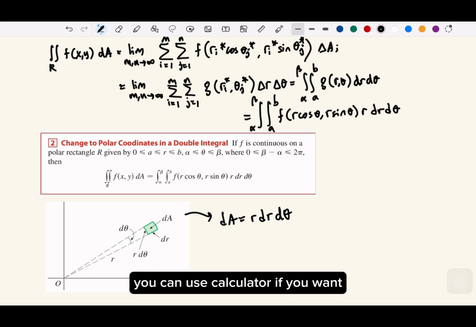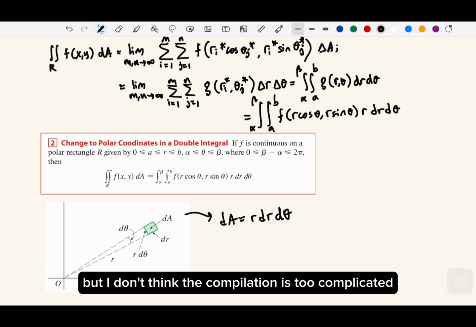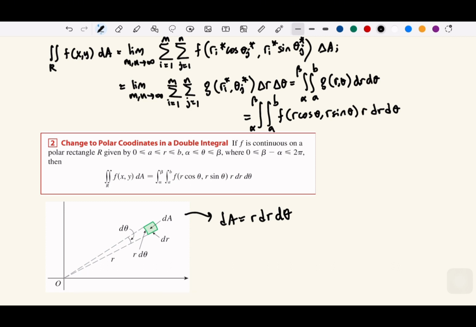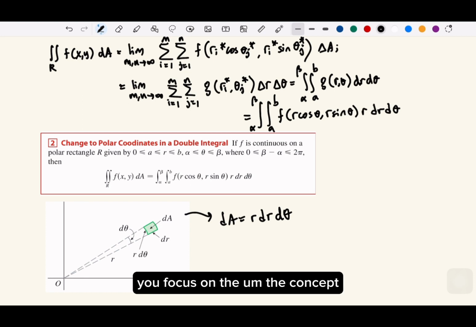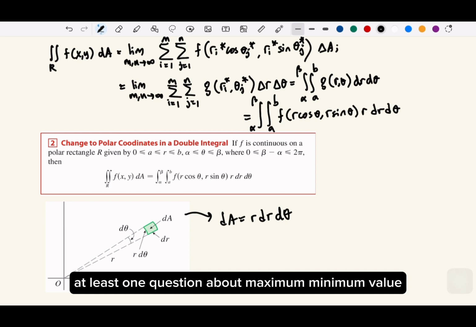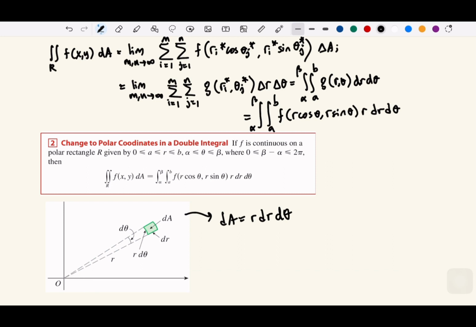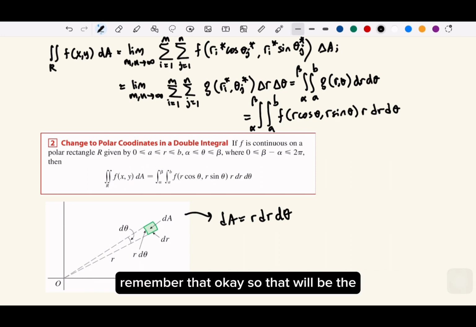You can use a calculator if you want, but I don't think the calculation is too complicated. It should be okay if you focus on the concept. At least 1 question about maximum minimum value. Remember that.